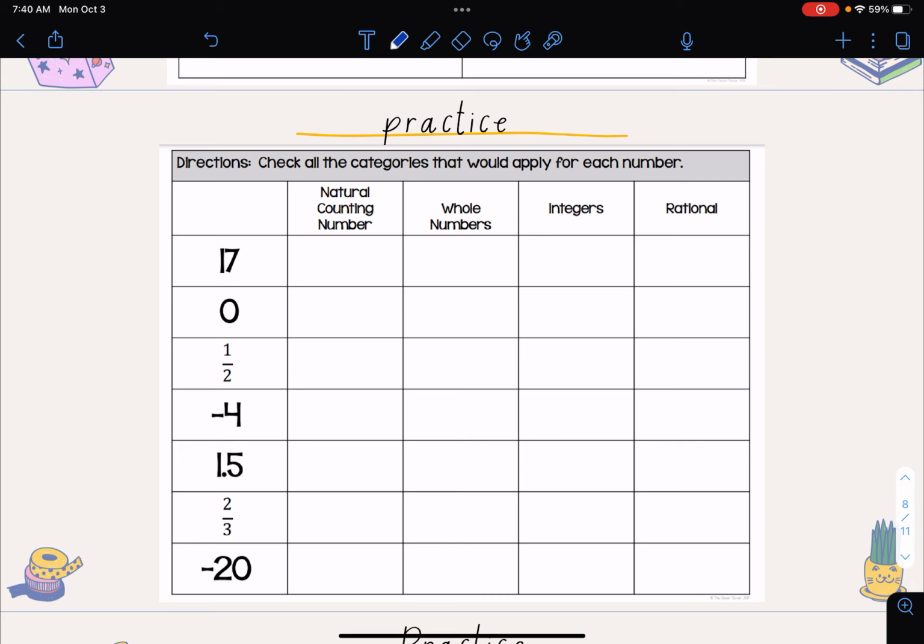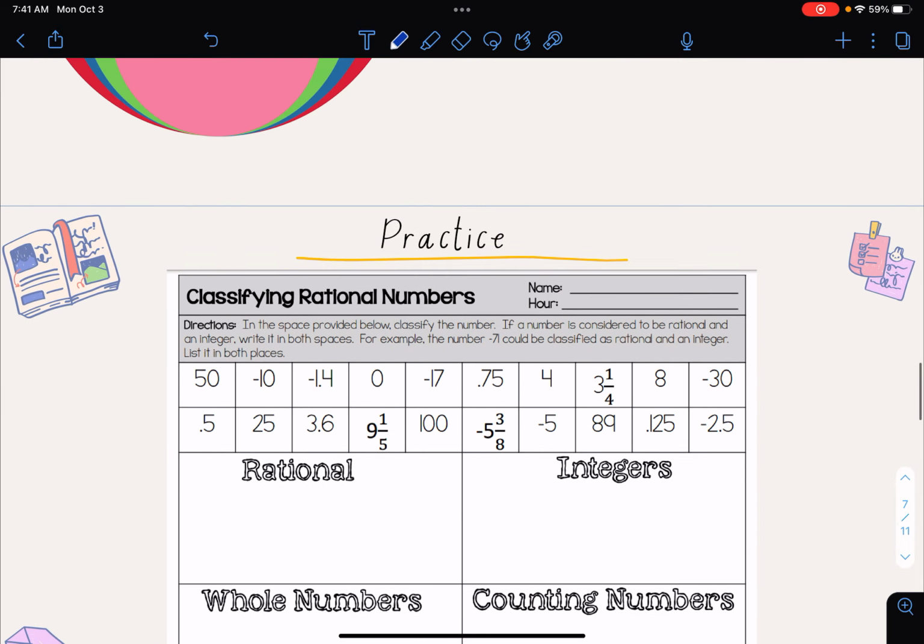So 17 is a natural counting number? Yes. Is it a whole number? Yes. Is it an integer? Yes. Is it a rational number? Yes. And if you're saying, why is that? Let's look at it.